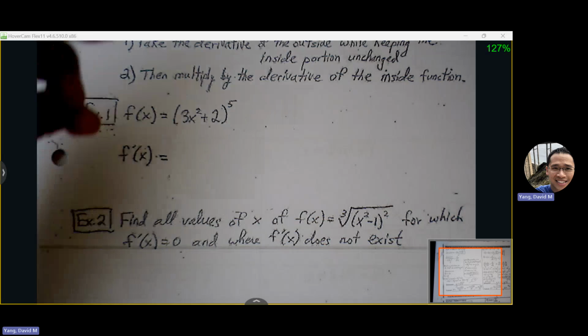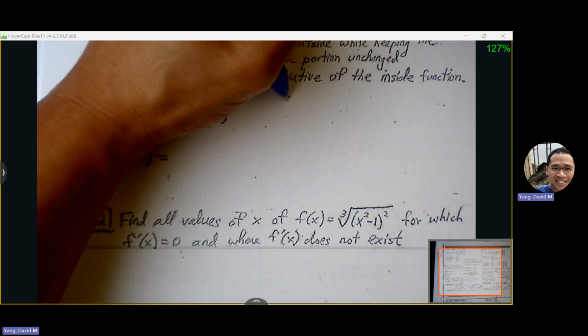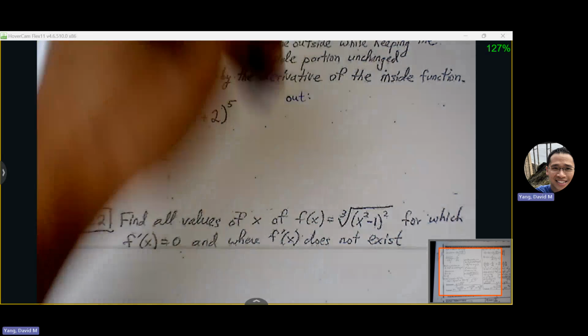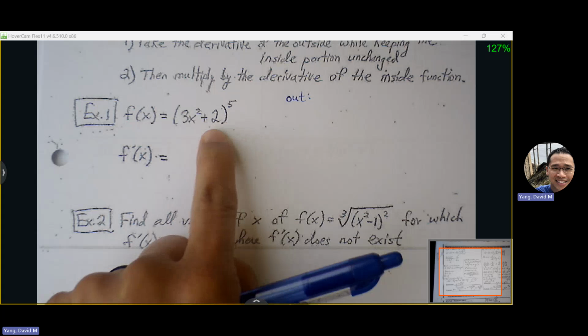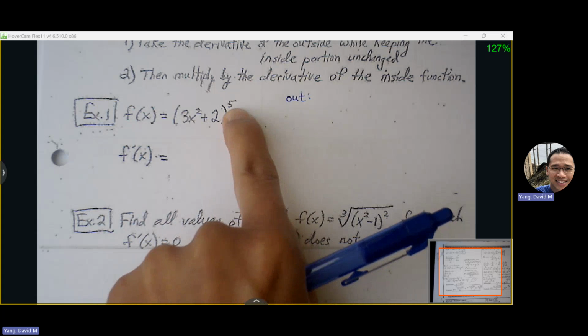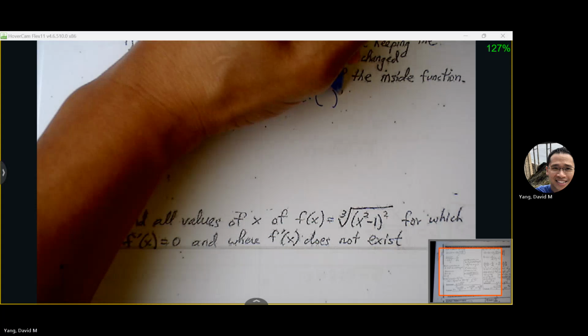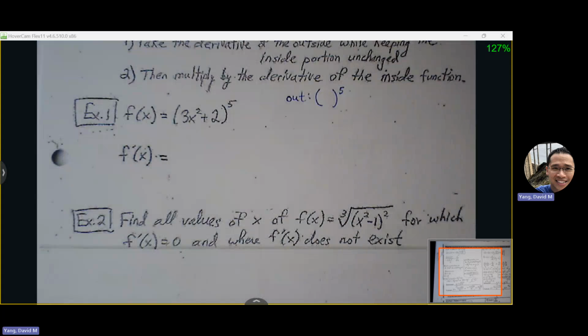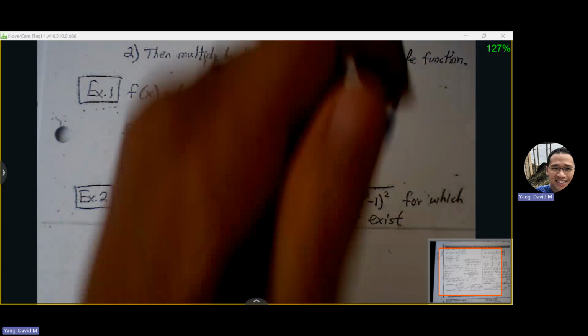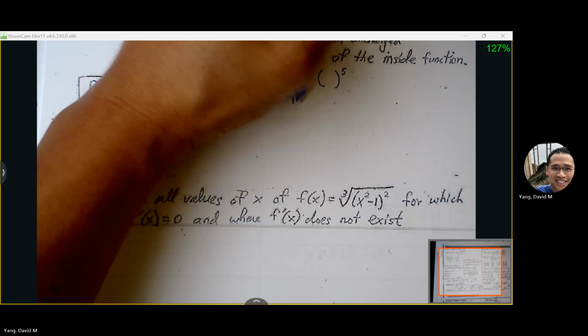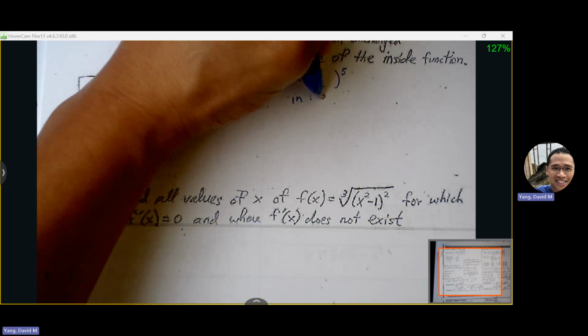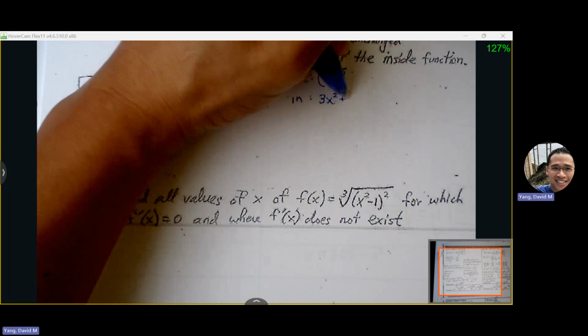There's an outside portion, which is whatever is outside the parentheses with the exponent included. So imagine there's an outside portion that is the parentheses to the 5th power. And then there is an inside portion that is 3x squared plus 2.